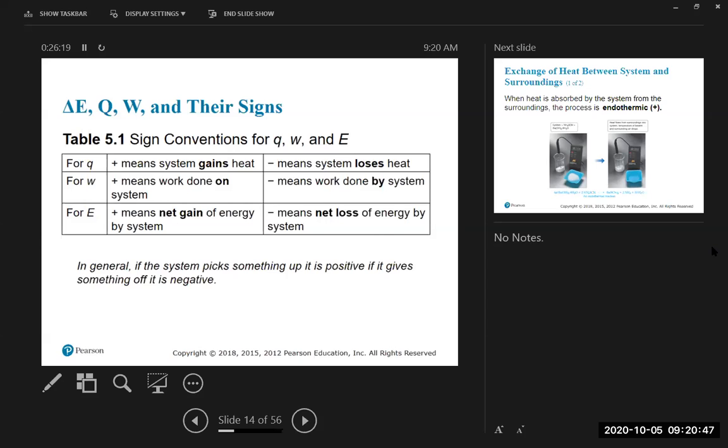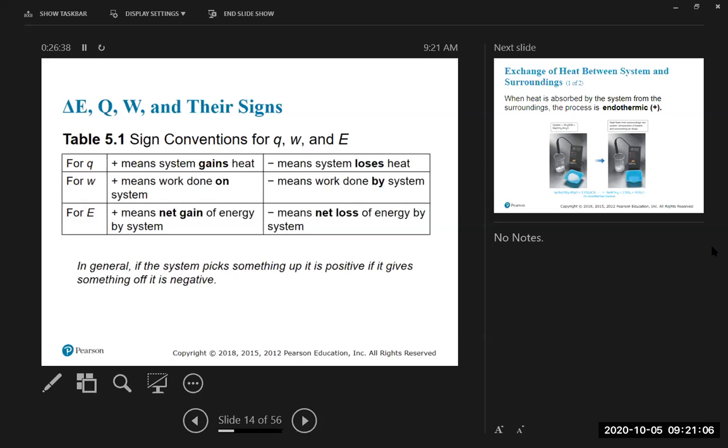So if the system is giving off heat, or if it's doing work, or that energy is changing, then if it's doing something, it's negative. It's expending something.